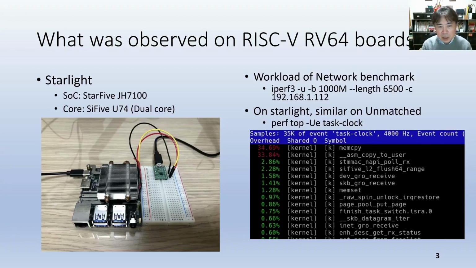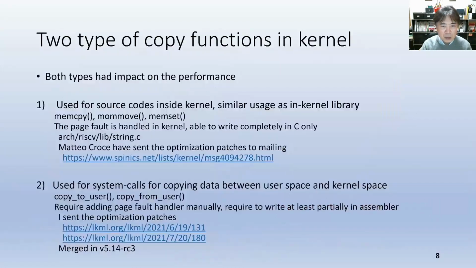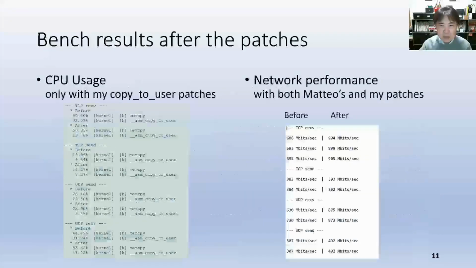And typically a board with 1 gigabit Ethernet tends to have 890 megabits per second speed maximum, and that's what was achieved at the end. On the right side it says after: 904 megabits per second, 898 megabits per second, but initially it was around 600-something.